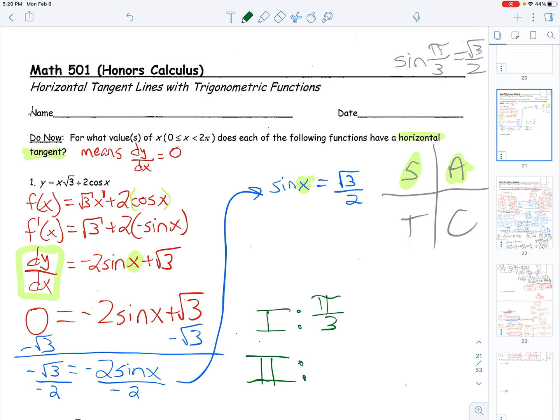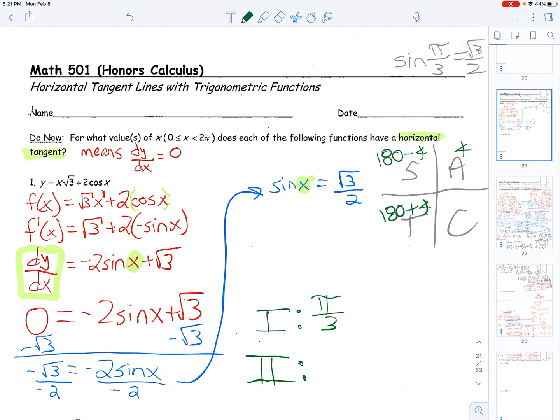So do you guys remember what we did here to get the reference angle in a quadrant outside of quadrant 1? Anyone remember? Well, I think we worked in degrees when we talked about this.